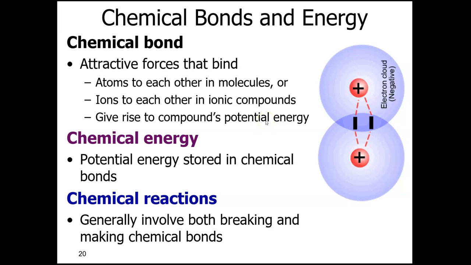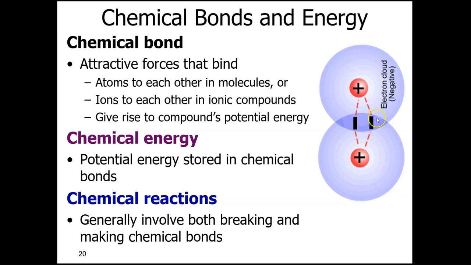Now I'd like to relate energy with chemical bonds and how those work with each other. Typically there are always going to be some attractive forces. We have protons in the middle that are positively charged, and electrons on the outside. It's the same as the gravity and the ball analogy.